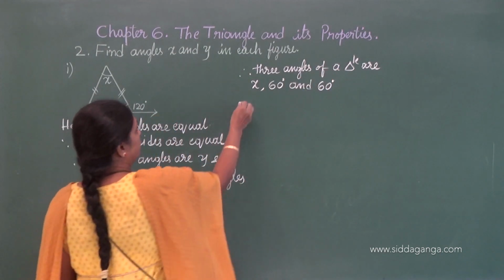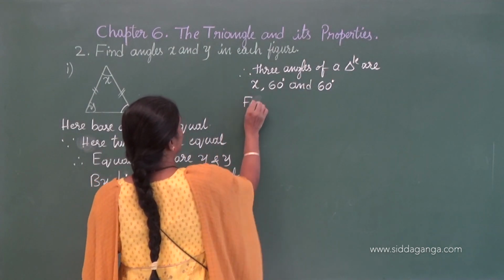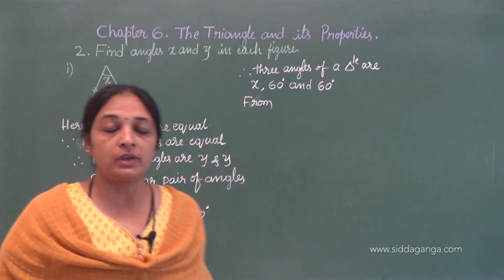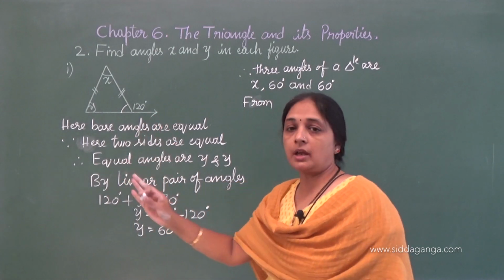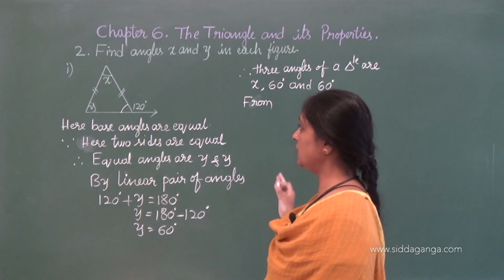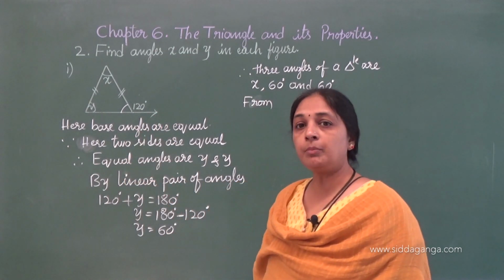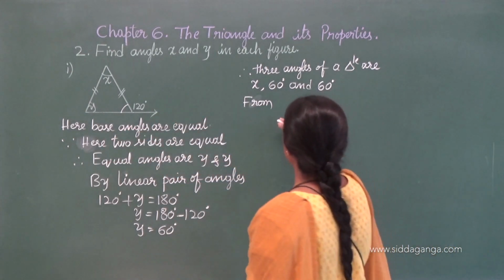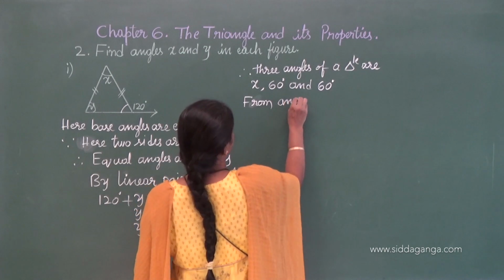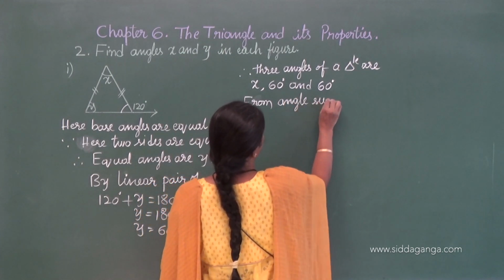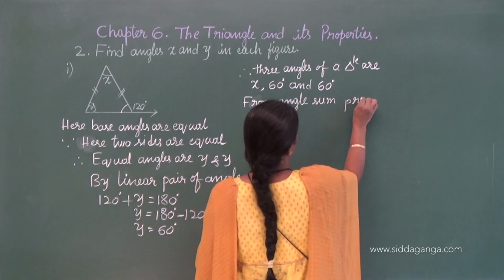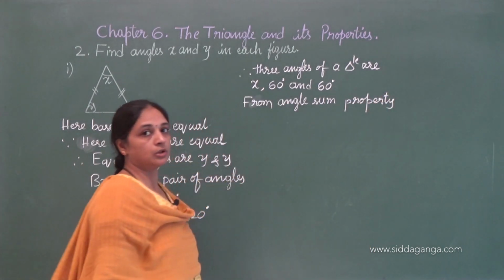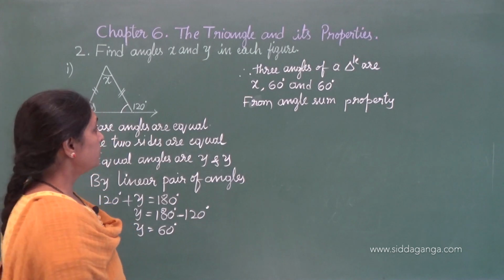Okay. From which property can we use here? We can use the exterior angle property, otherwise we can use the angle sum property. I use here both the properties.